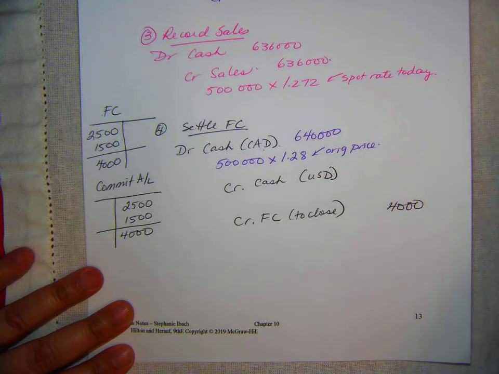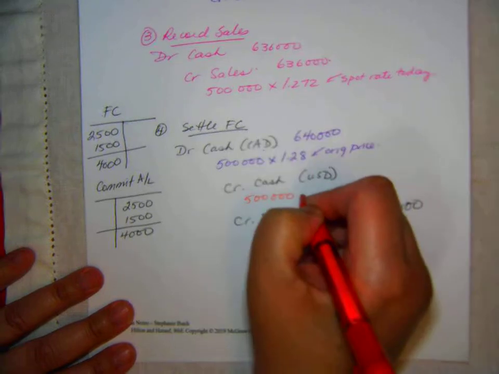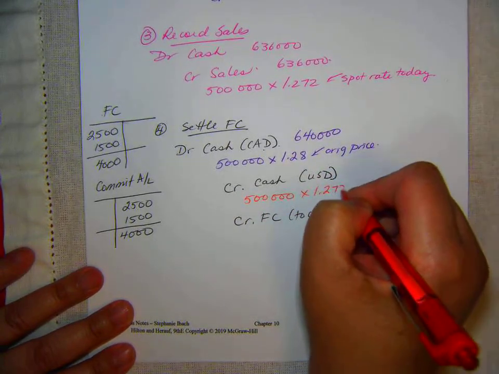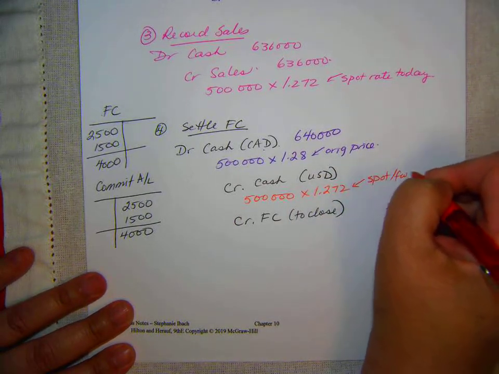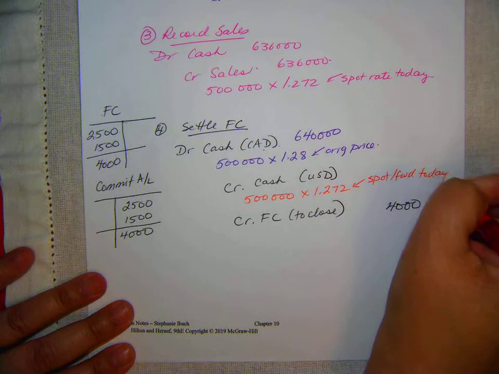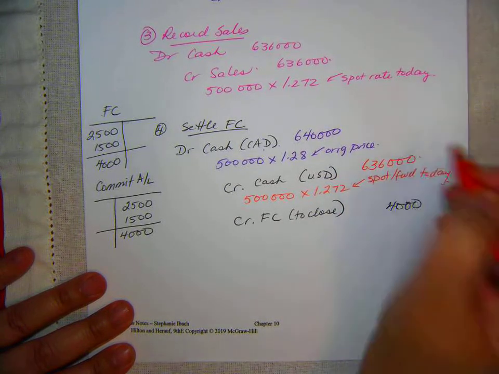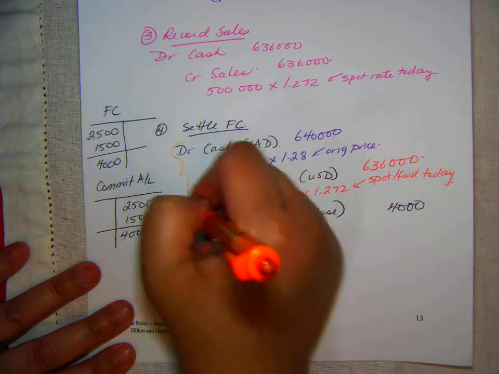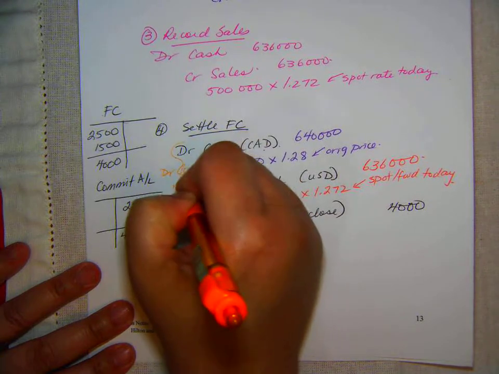And the US cash is going to be 500,000 times 1.272, which is the spot or the forward today. And that works out to 636. So you could net this just to a debit of cash for 4,000 if you wanted.